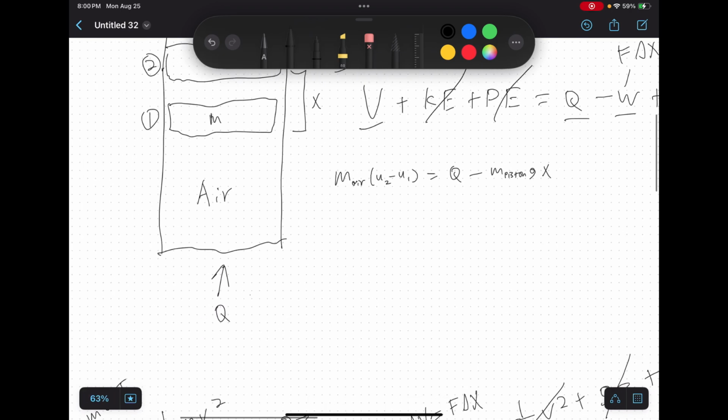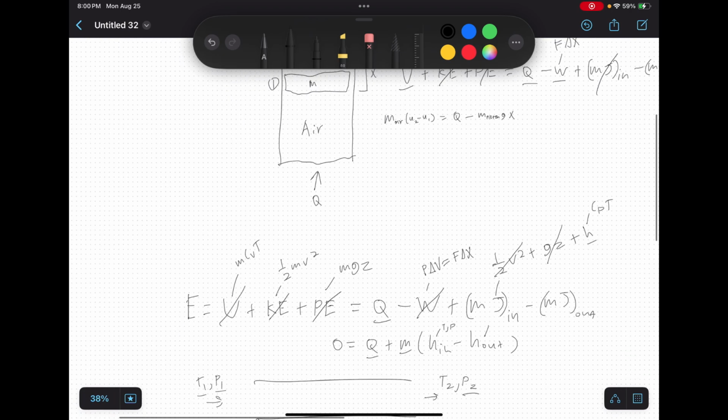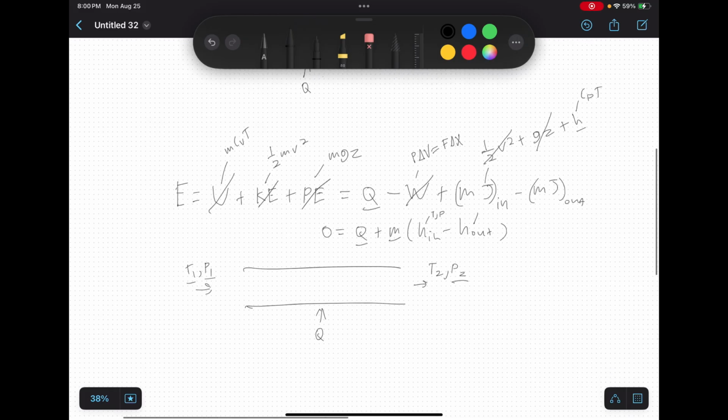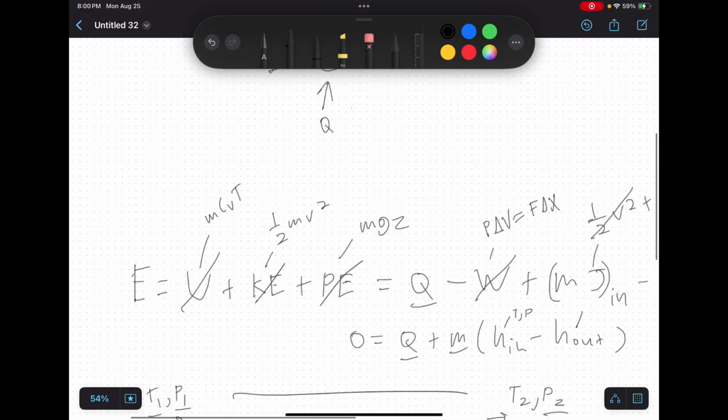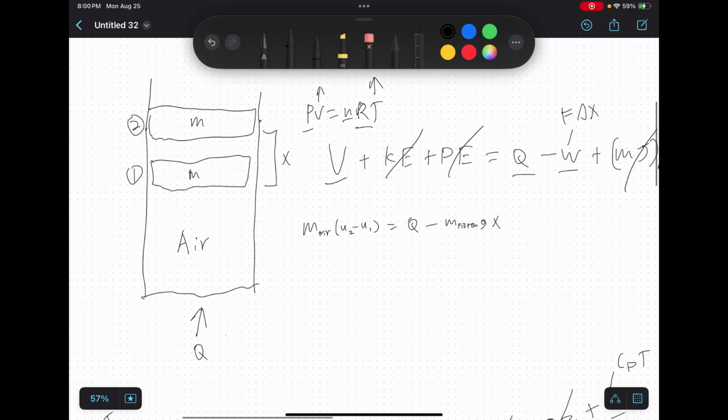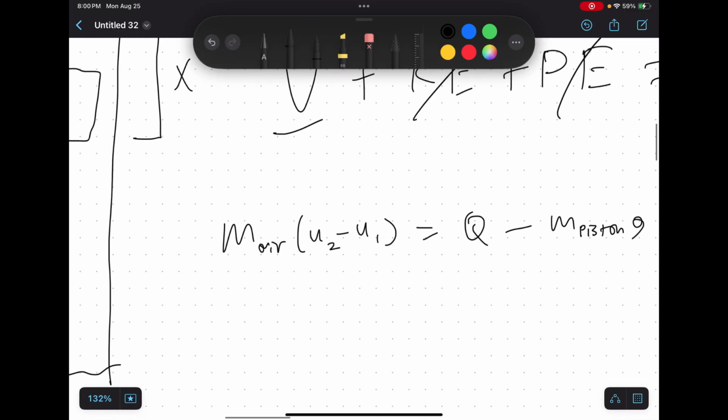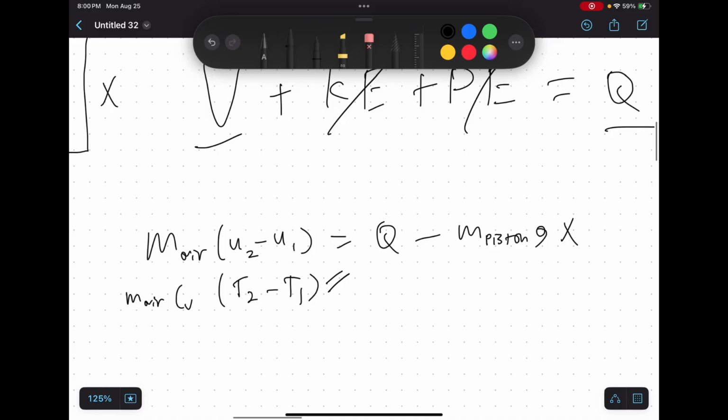So U, what is that? What is U? It's CV delta T. So you could even take out the CV: CV (T2 minus T1) equals the rest of it. Cool.